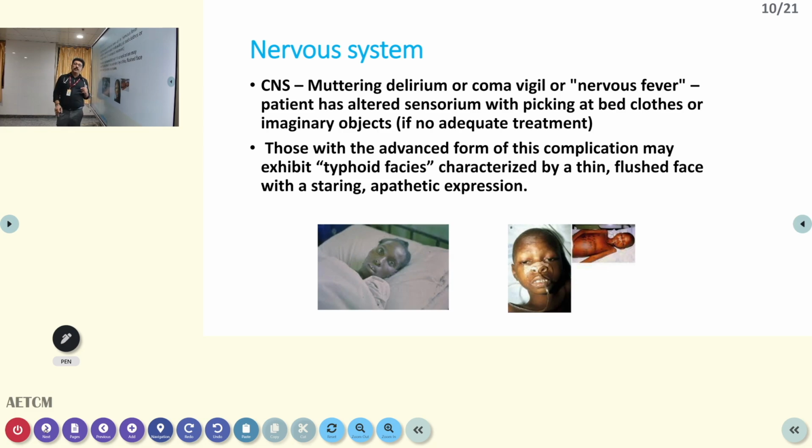That is very important. That is mainly because of inadequate treatment. Some patients can have a peculiar type of face. Nowadays we are not seeing it, but you can see the patient's face here. This is called typhoid face. That is also seen in some patients, but coma vigil can be there in patients who are not receiving proper or adequate treatment.